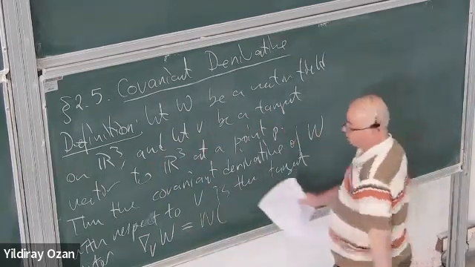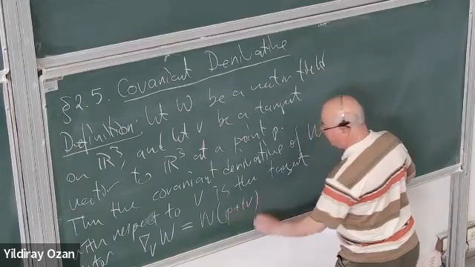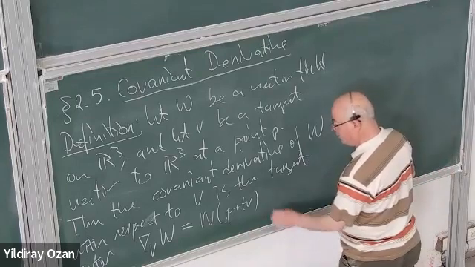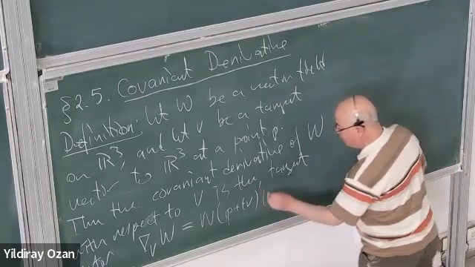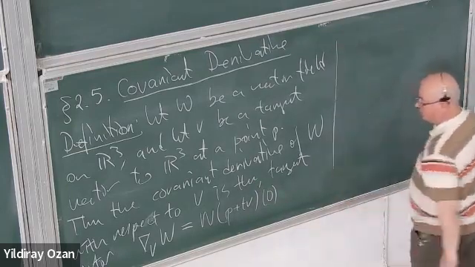Inside W, you feed P plus tV, and then you take the derivative of this and compute it at t equals 0.